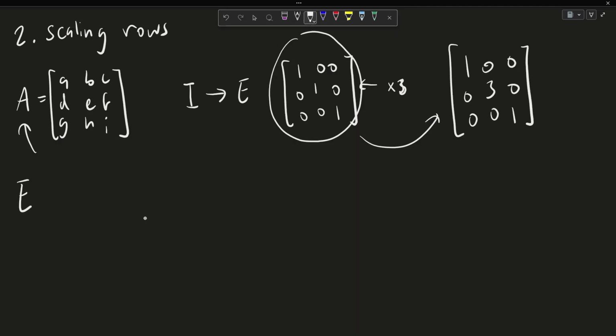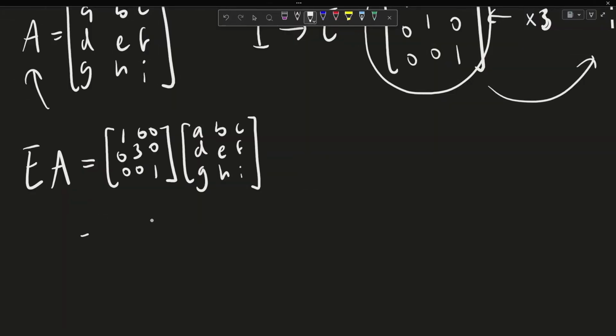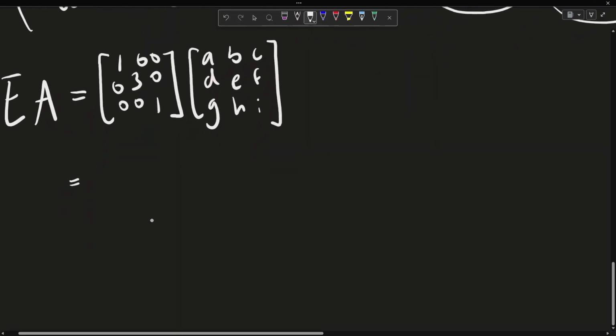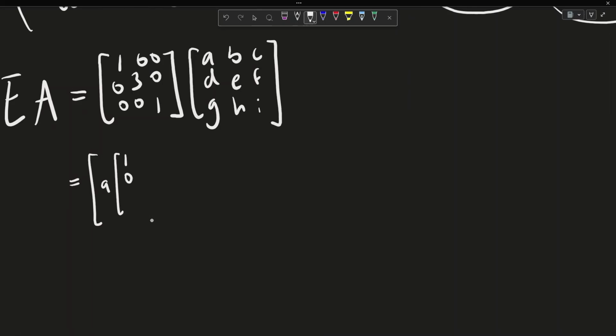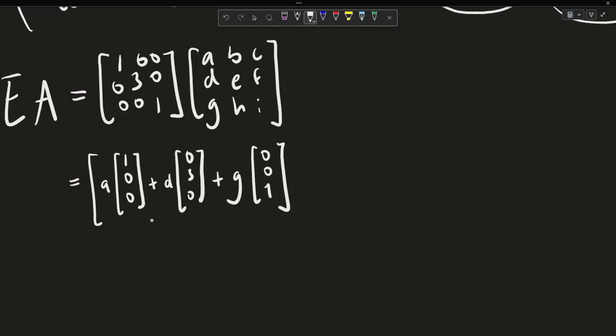And so now what does E times A look like? This looks like 1, 3, 1 times A. And again, multiplying the matrices, you find A times 1, 0, 0 plus D times 0, 3, 0 plus G times 0, 0, 1 is one column.